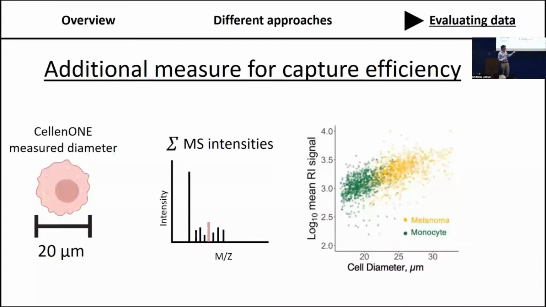So in this plot on the far right, we've plotted the measured diameter against the measured protein content for each individual single cell. In general, we see good agreement, though in all cases you might not expect the concentration necessarily to scale with the cell type, and you'll potentially hear a little bit more about that later in the conference.